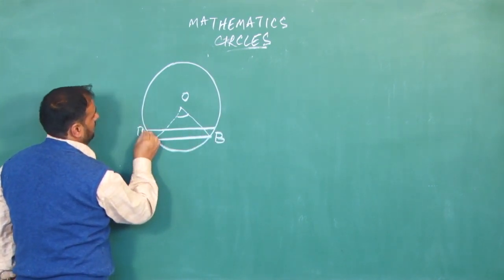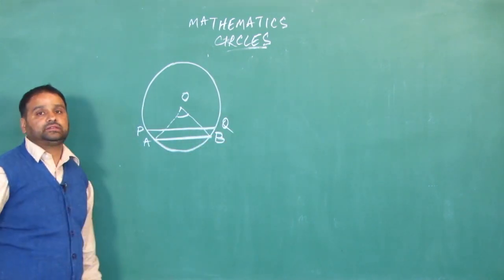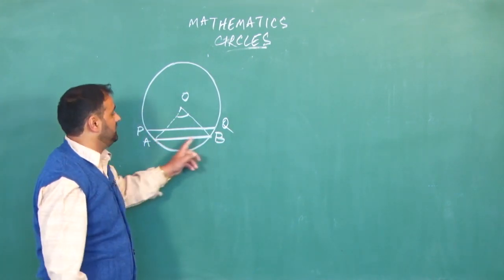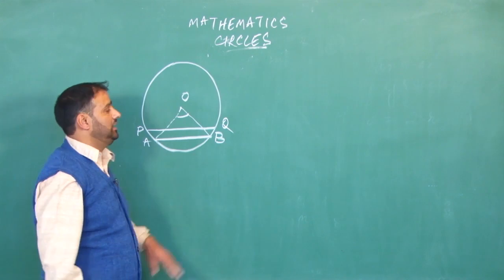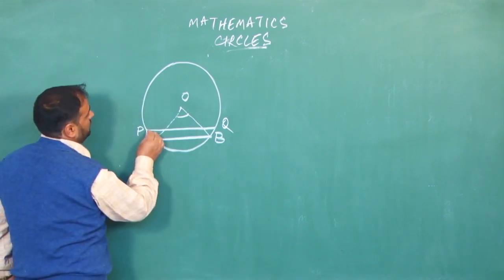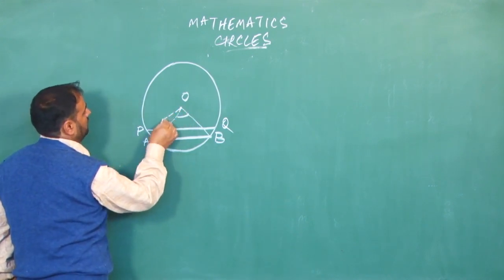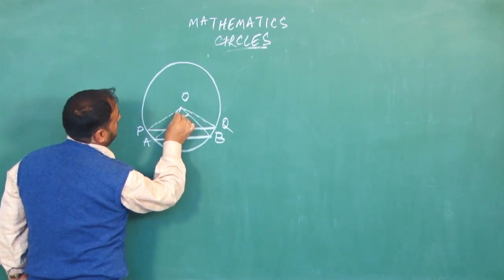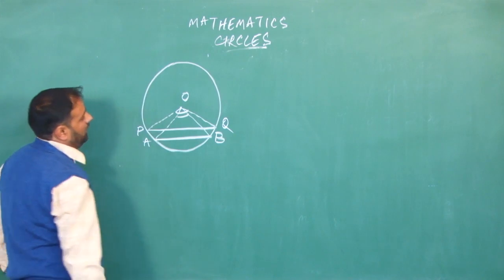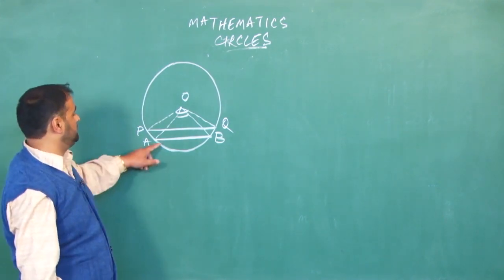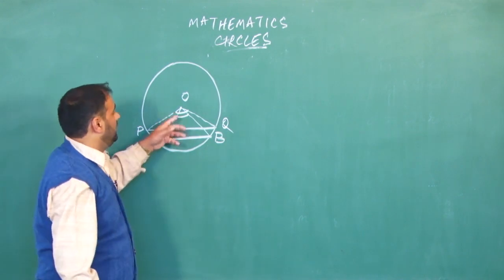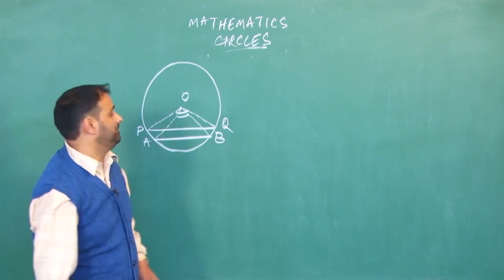You can see PQ is a little bit larger in size than line segment AB. PQ is larger in length. Now again, if we draw an angle for PQ at the center, this is the angle subtended by the chord at the center, and you can find that as the length of the chord increases, the angle at the center also increases.